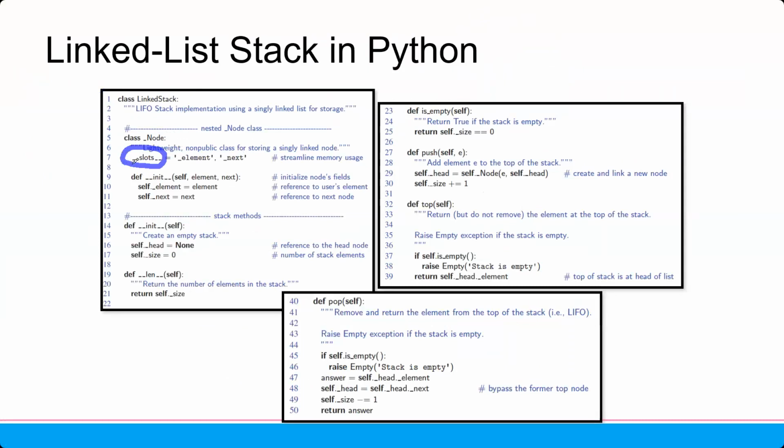These slots contain two things, which are element and next. When we construct this class, we will create an element and we will create next. The element means the object of the element. Next is the object of the node.